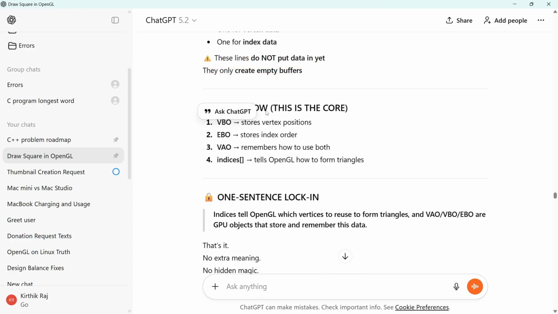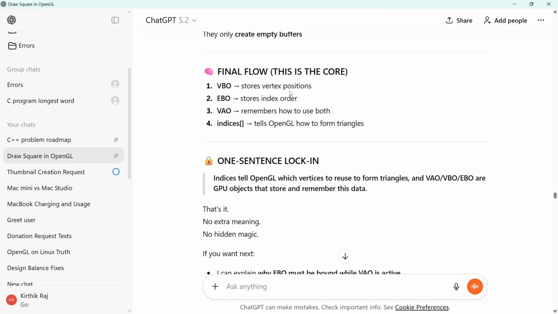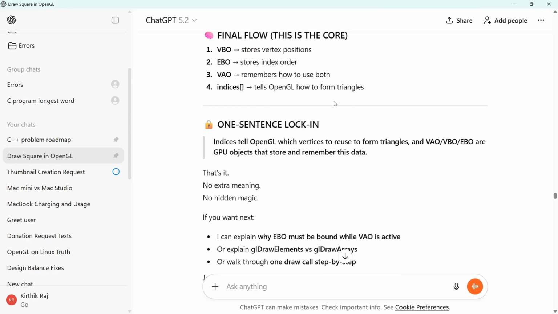The final flow: VBO stores the vertex positions, EBO stores the index order, and VAO remembers how to use them. The indexes tell OpenGL how to form a triangle. It is the main point for making the square possible.